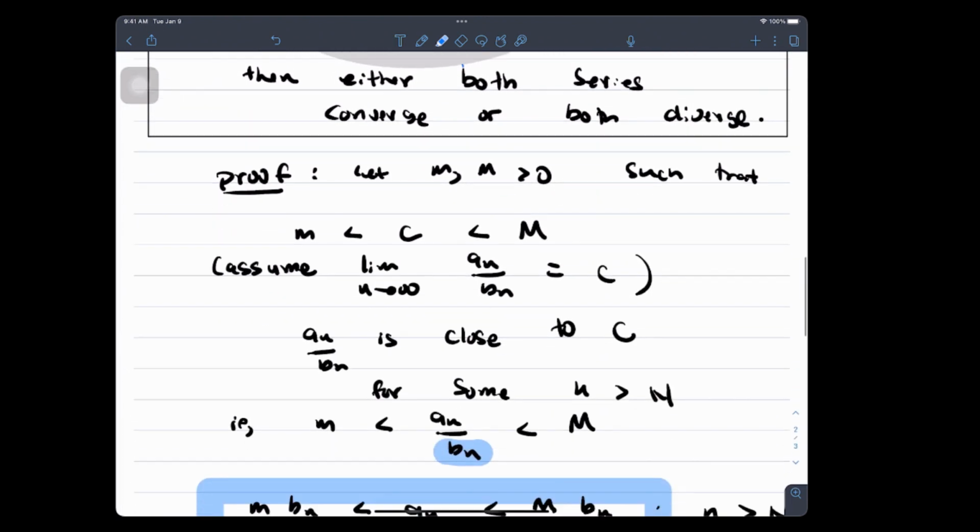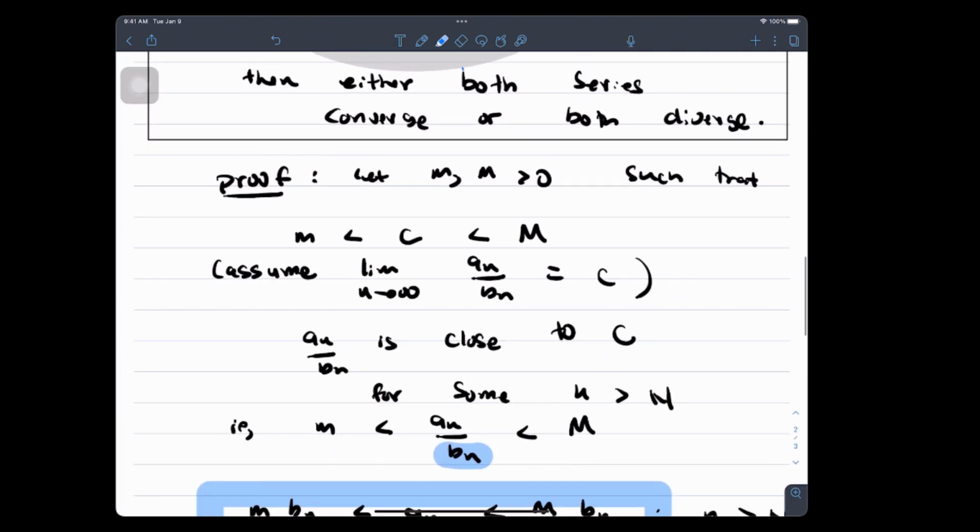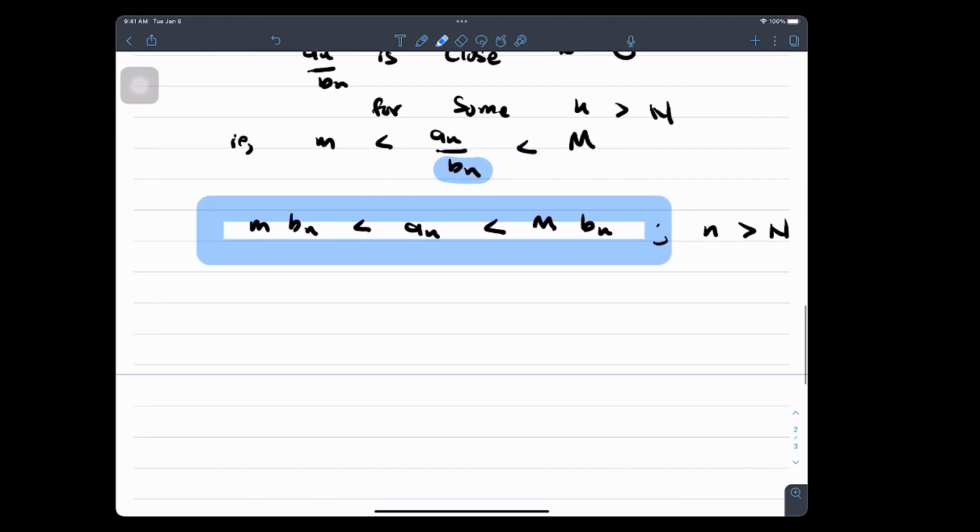Okay. So then you say, well, how can I conclude that both converge or both diverge? Well, here, let's notice this. If the series BN is divergent, okay, then what we know is m sum BN is also divergent.